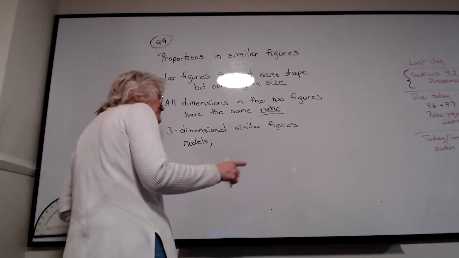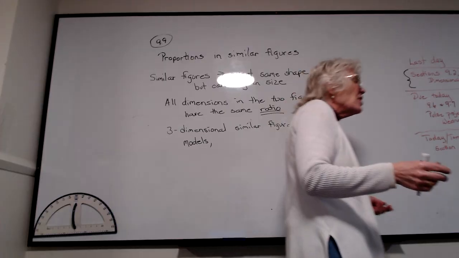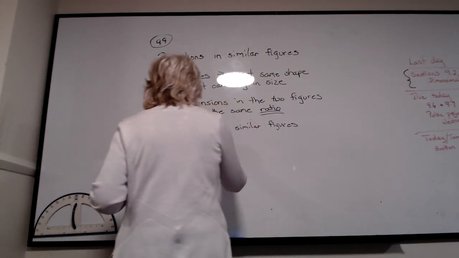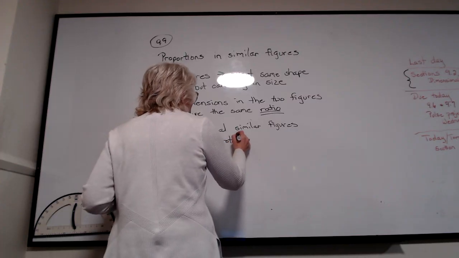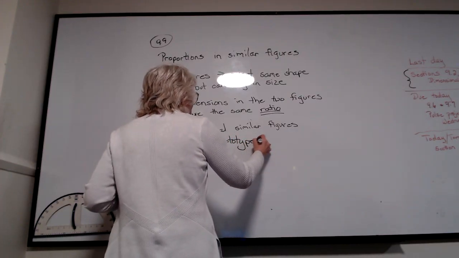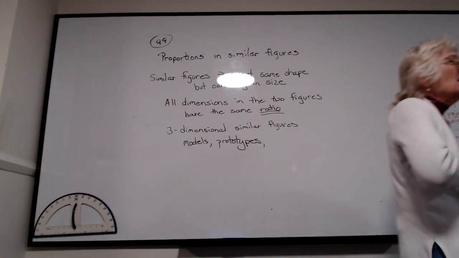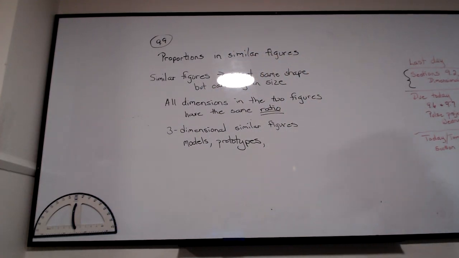Sometimes models are called prototypes. When people are making something, a lot of times they'll make it smaller, so they've designed some sort of plan. They will make it smaller just to see how it looks.